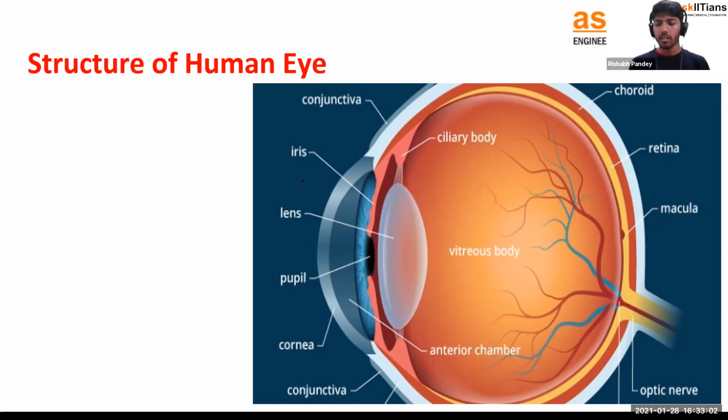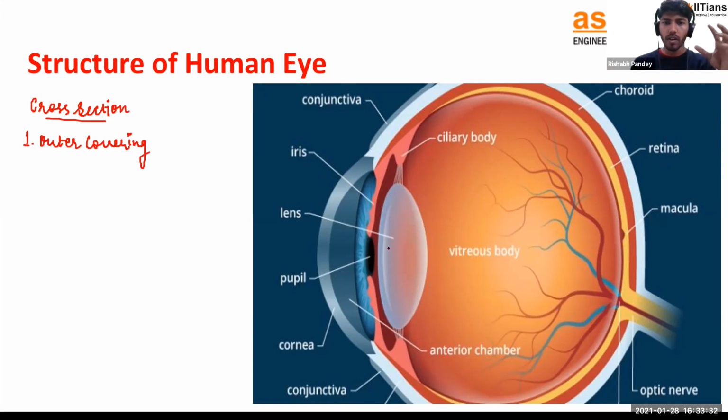So the outer covering which you see over here, we have taken a cross section, and from that cross section, first we are going to cover the outer covering. It's almost spherical, except this particular part, which is quite bulged out.